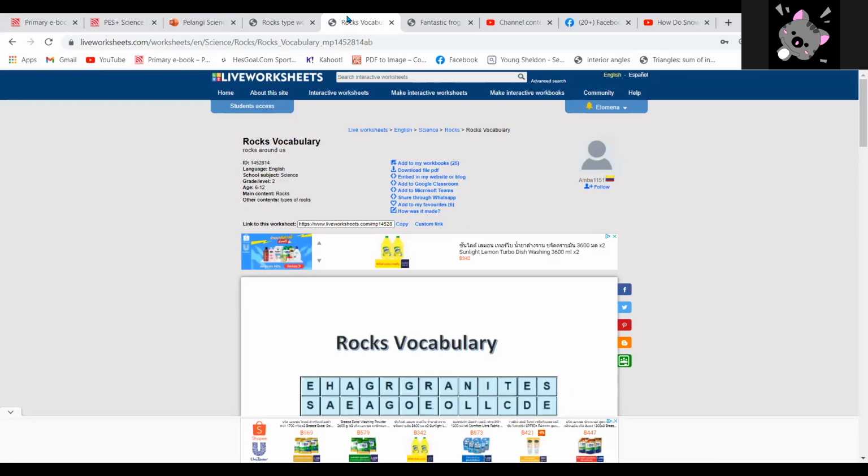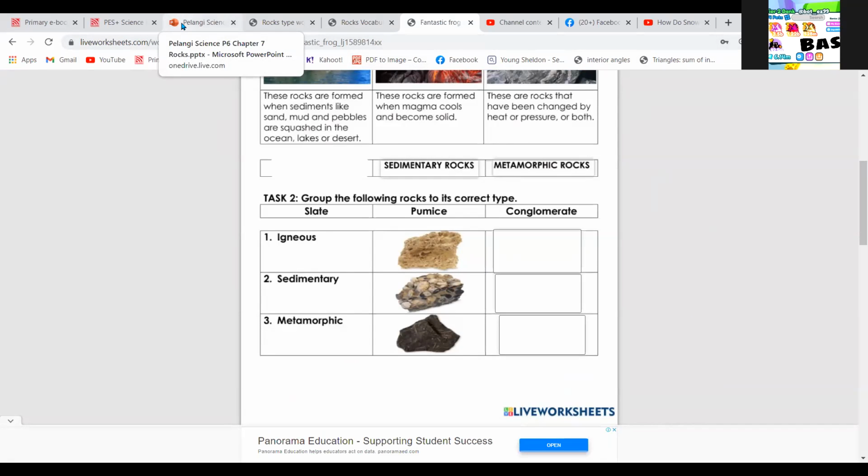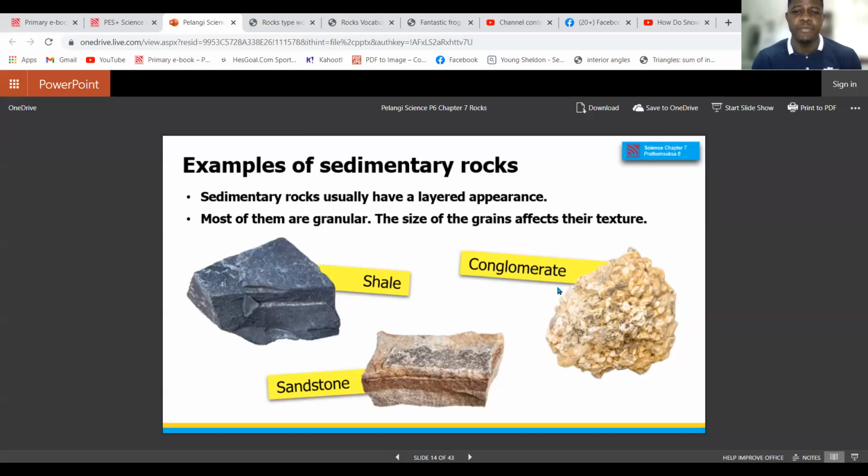Sedimentary rock. What type of rock is conglomerate here? Sedimentary rock. Yes, sedimentary rock. So conglomerate, shale, and sandstone are examples of sedimentary rock.